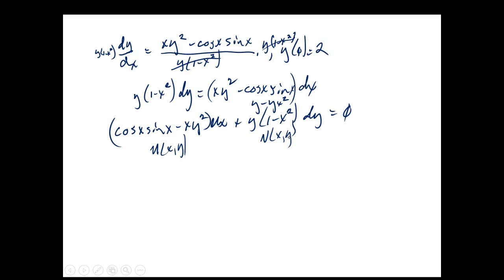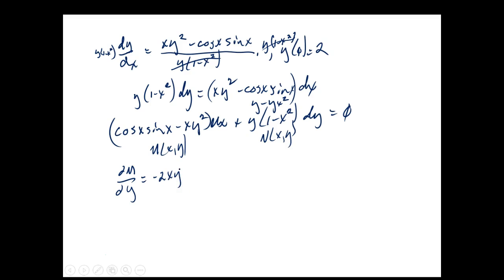What do we have to do to verify first? The partial of M with respect to y. What would that equal? Those are all functions of x, so that's a constant, that's 0. It's turning out a little easier than you might have thought. And this will be minus 2xy.